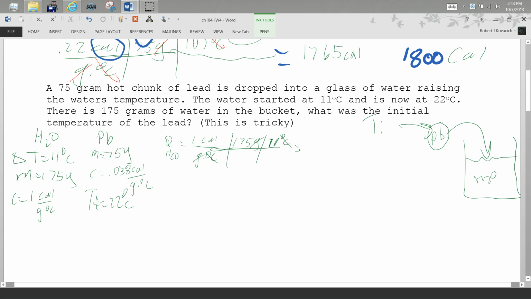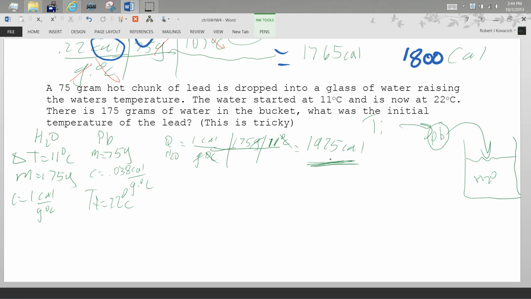So I get 175 times 11, which is 1925 calories. This is how much heat the water gained.